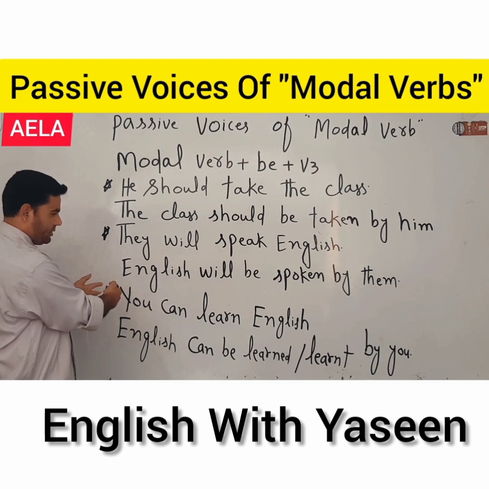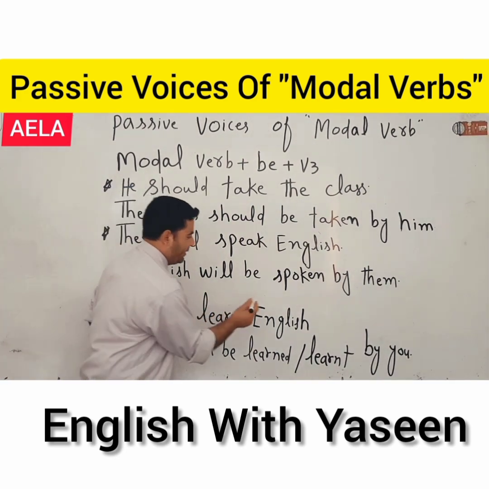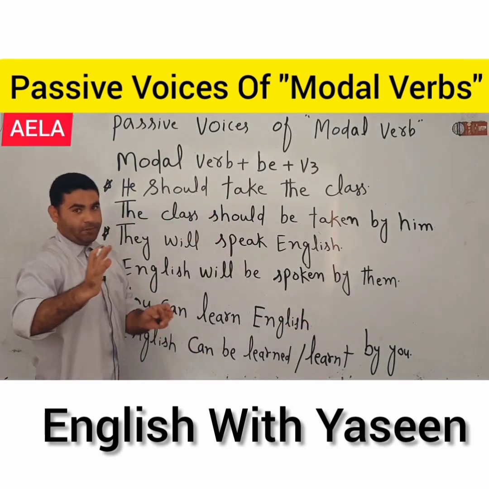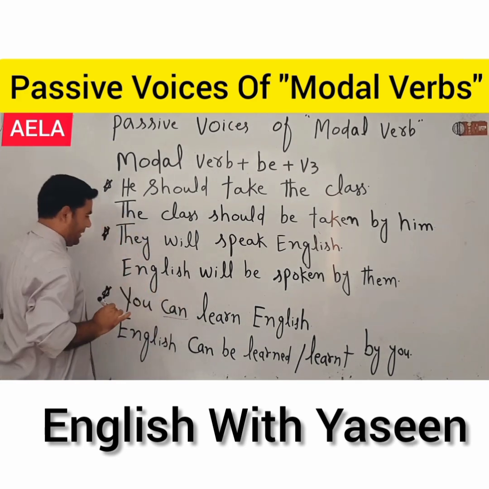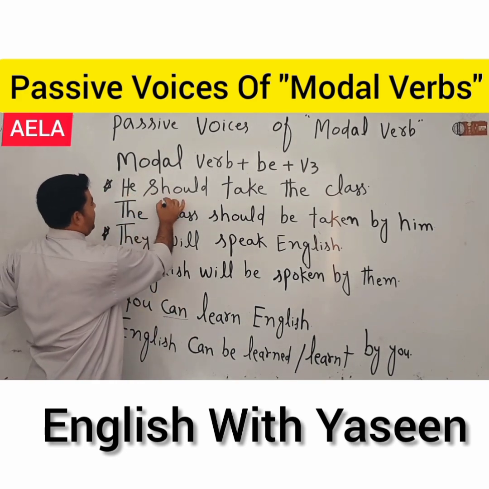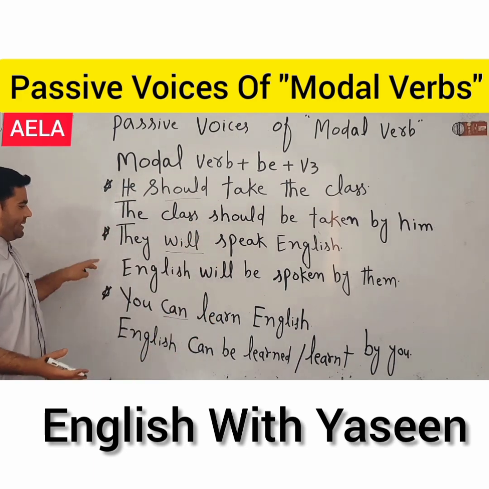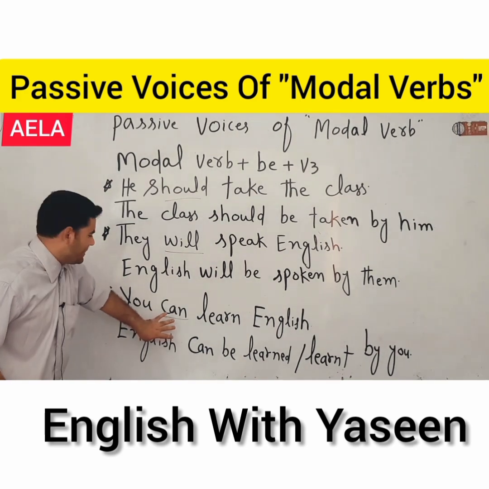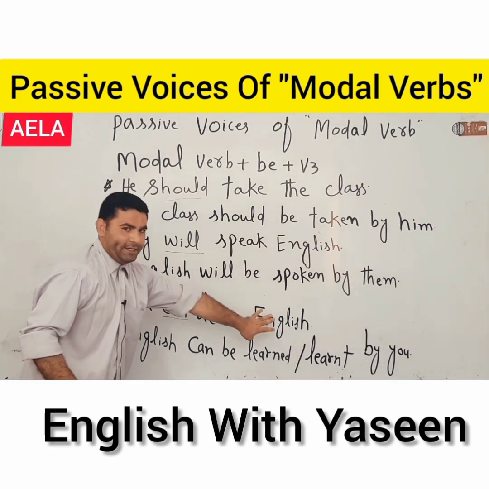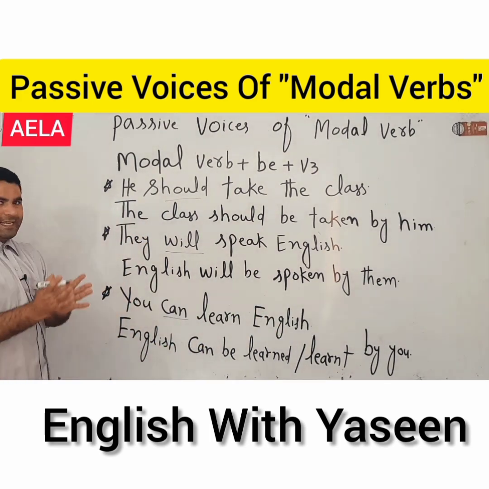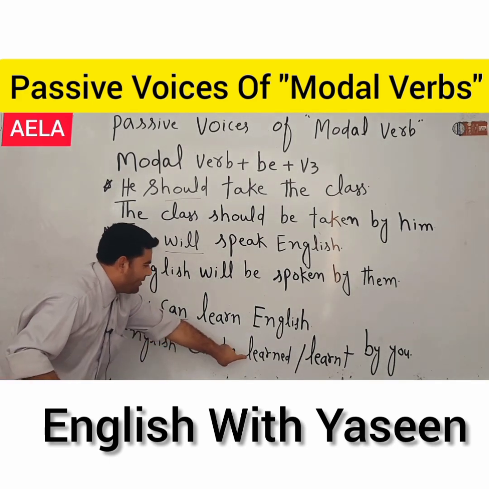And just look at the last example. You can learn English. Sorry, I forgot to put a full stop here. The modal verb is can, just like should is the modal verb in the first sentence, and will is the modal verb in the second sentence. In the third sentence, the modal verb is can. Again, following the same structure, the modal verb can, then be, and then the third form of verb.